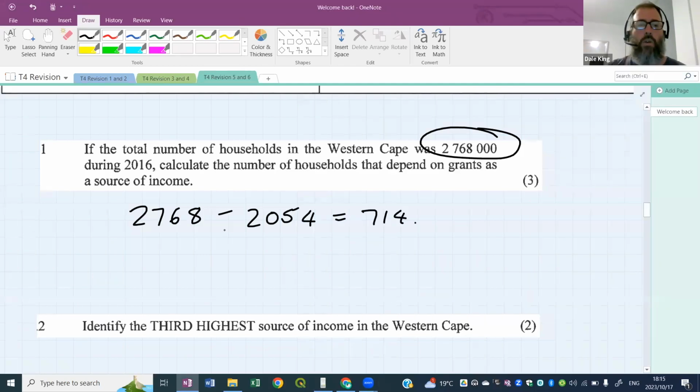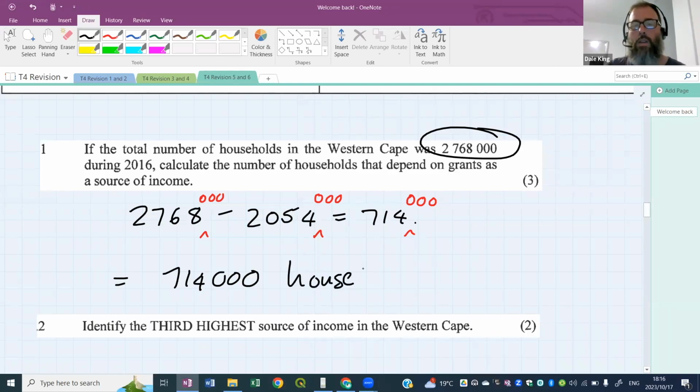Now, we are working here without the zeros. Just remember that we should have 3 zeros in there. So in actual fact, it's 2,768,000 minus 2,054,000, which equals 714,000. So your answer should be 714,000 households. Hope you all understand that.